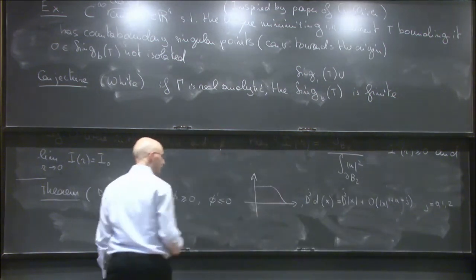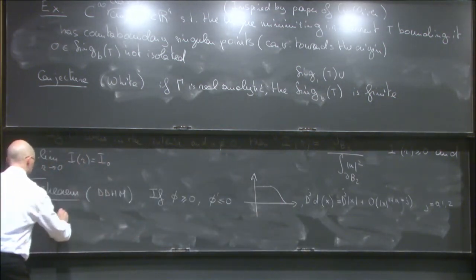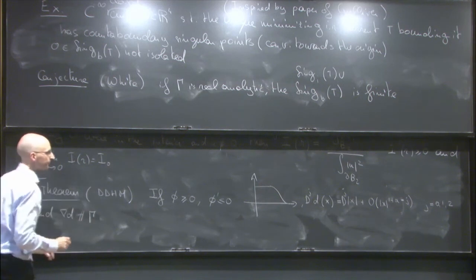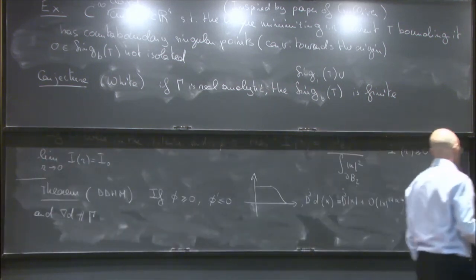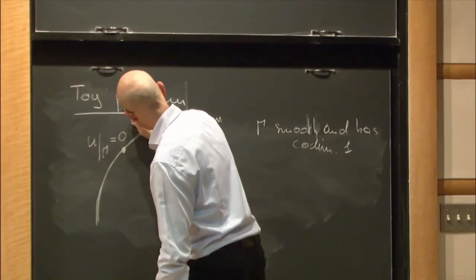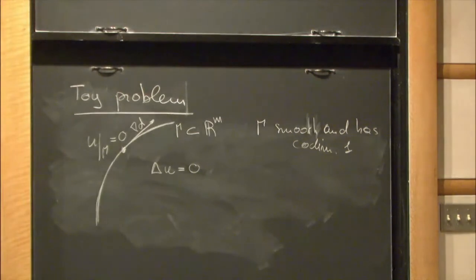So under all these conditions, if in addition I know that the gradient of d is parallel to my surface gamma, so here I have that the gradient of d is kind of like this, and this is telling you why, for instance, I cannot use d equal to modulus of x.